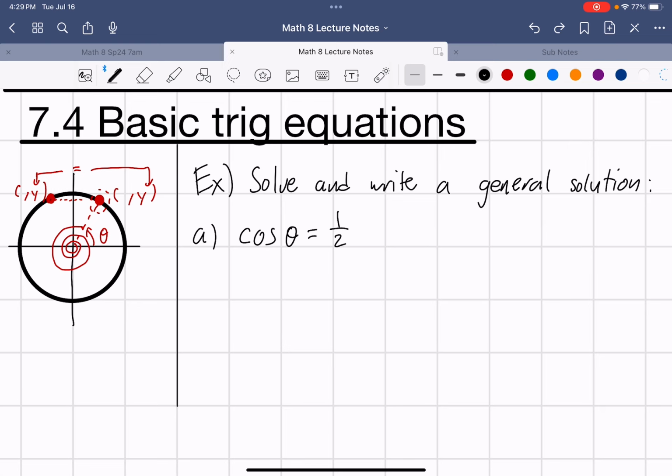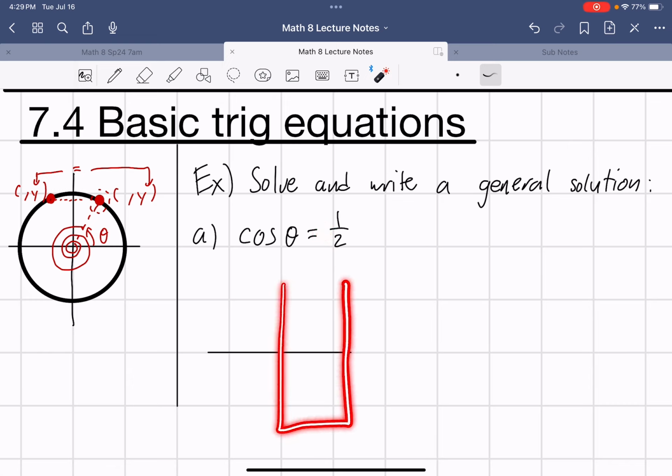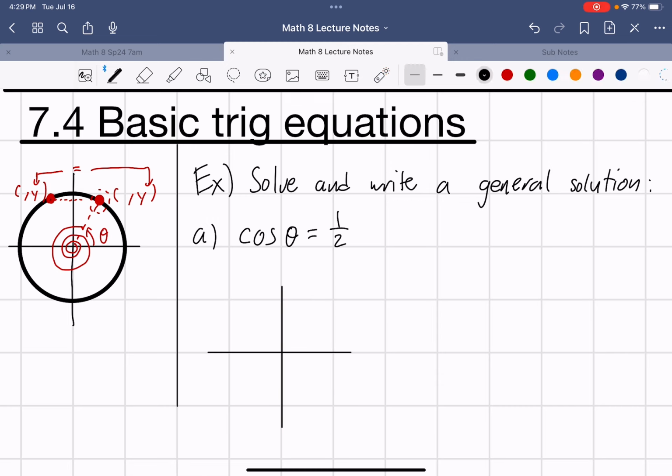But there's a couple things we can get from just looking at this isolated trig function. And that is that it's positive, right? And we know cosine is positive in quadrants 1 and 4. And if I was going to find my answers, I know it's 1, 2, 3, 1, 2, 3.